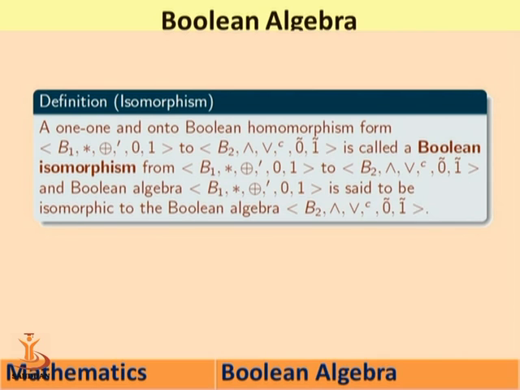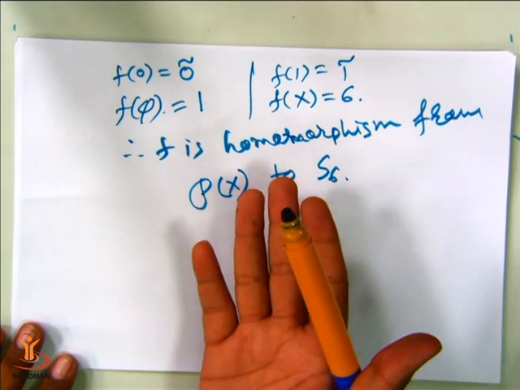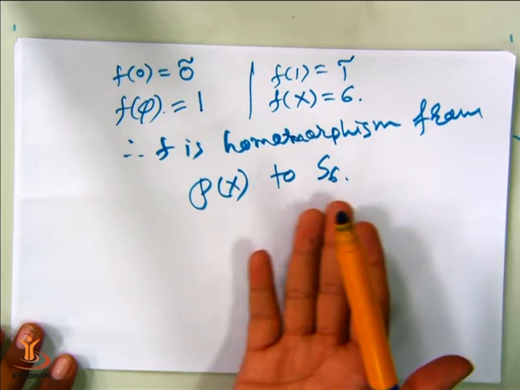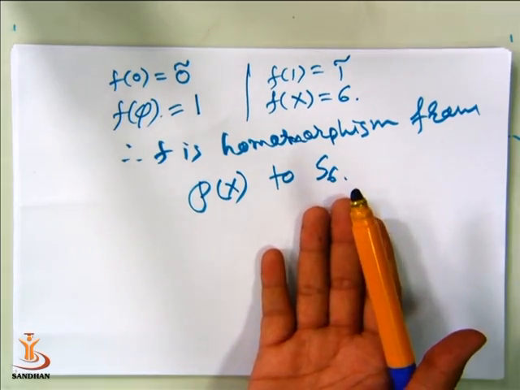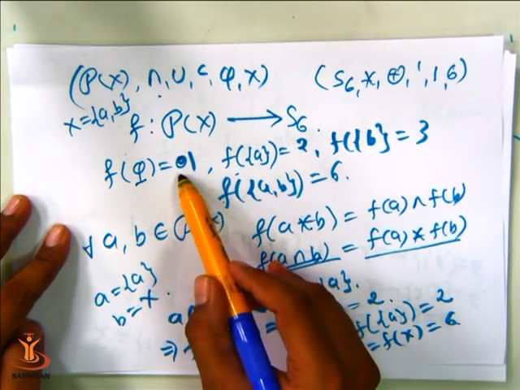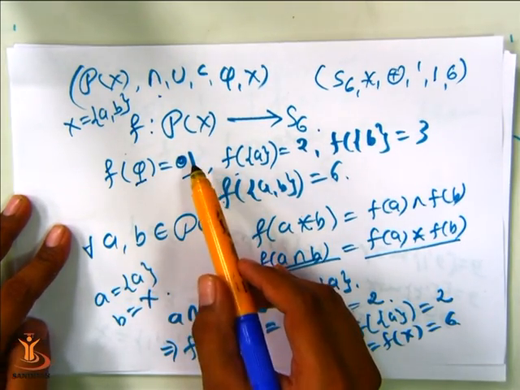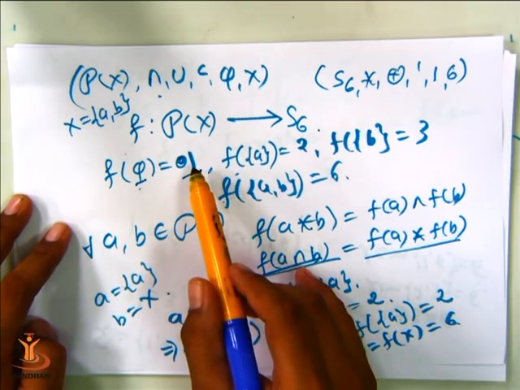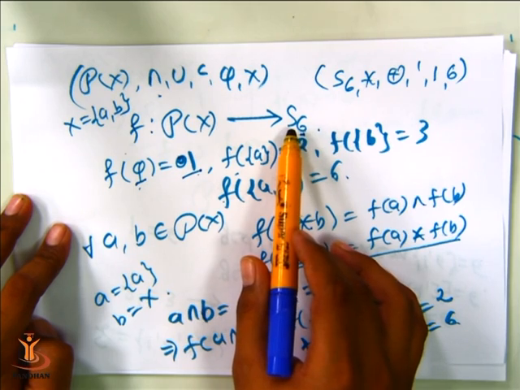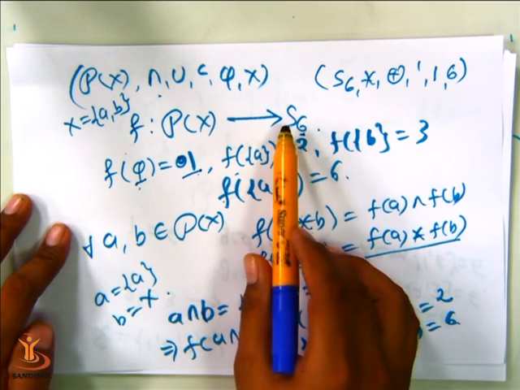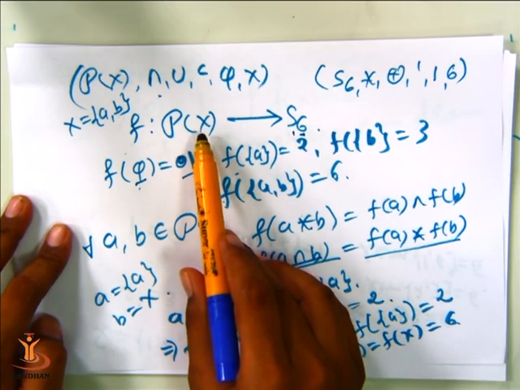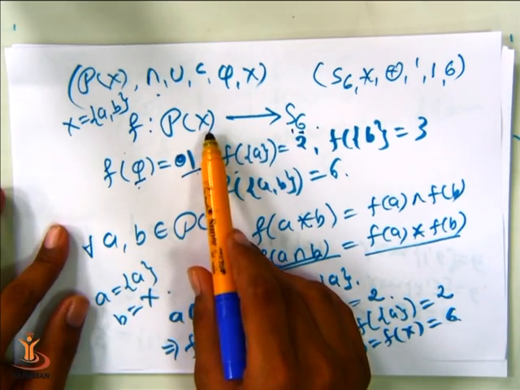Now whatever function we have taken in the earlier case, that is f from the Boolean algebra power set of x to S6, is a 1-1 function and an onto function, because each and every element of the power set of x is related to only one element of S6. It is also onto, because for each and every element of S6 there exists at least one element, here exactly one element, from the power set of x.